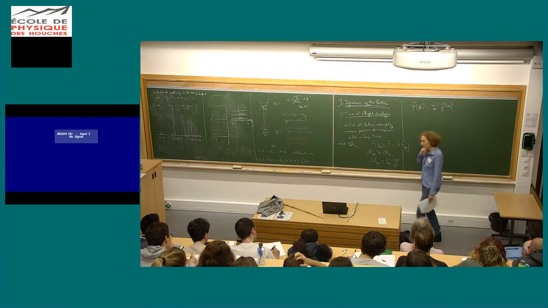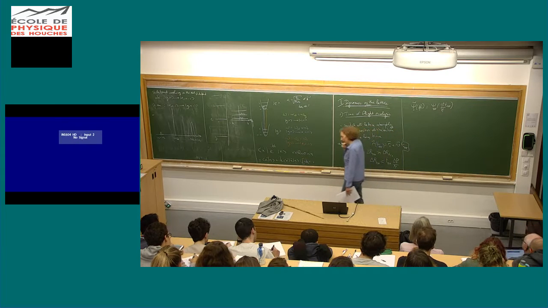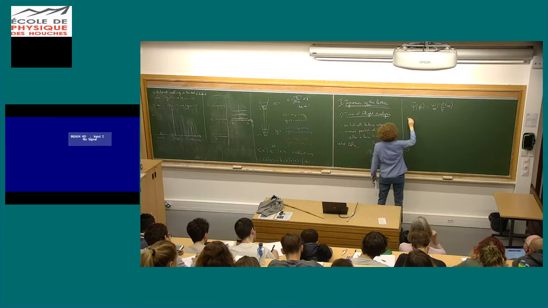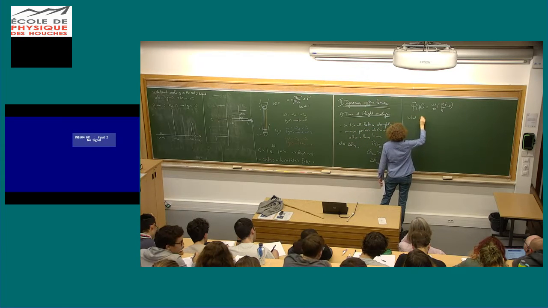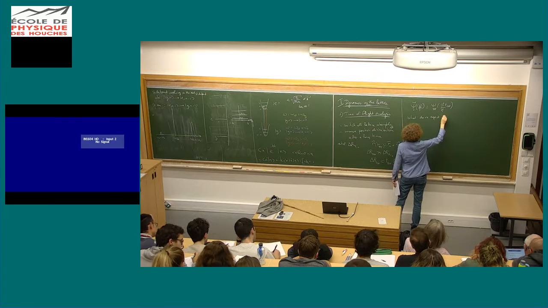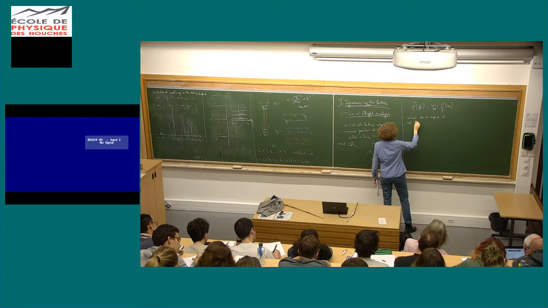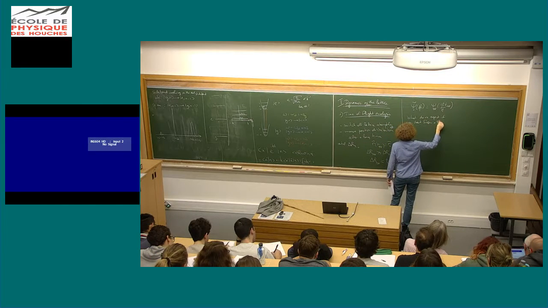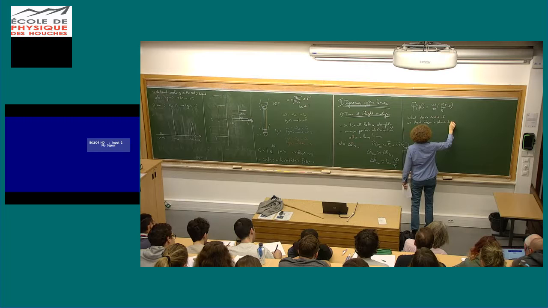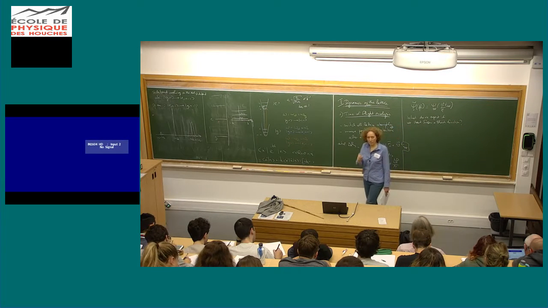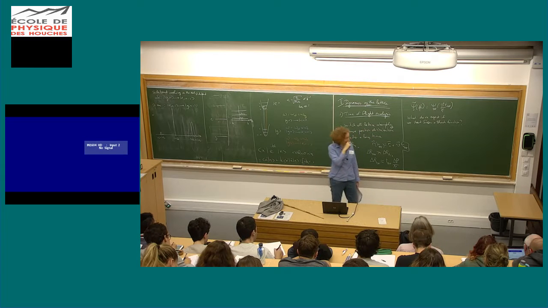So what do you expect? What do we expect if we start from a Bloch function? Now it's not on my slides, so you have to tell me.